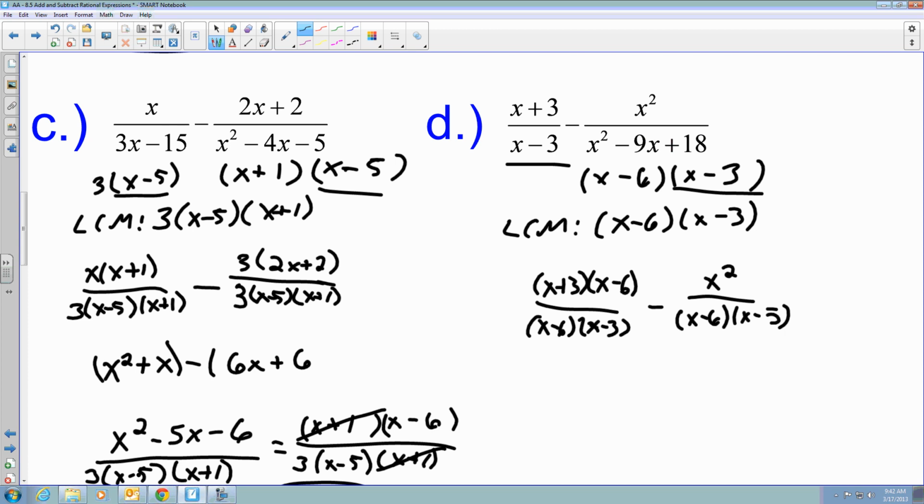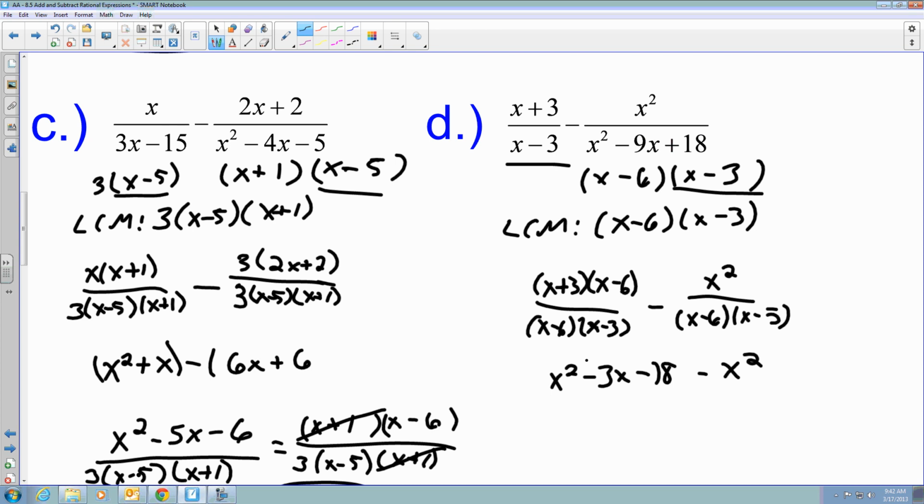And I can FOIL this out, so I can go x squared, and I think at the end of the day it'll be minus 3x minus 18, all of which is minus x squared.